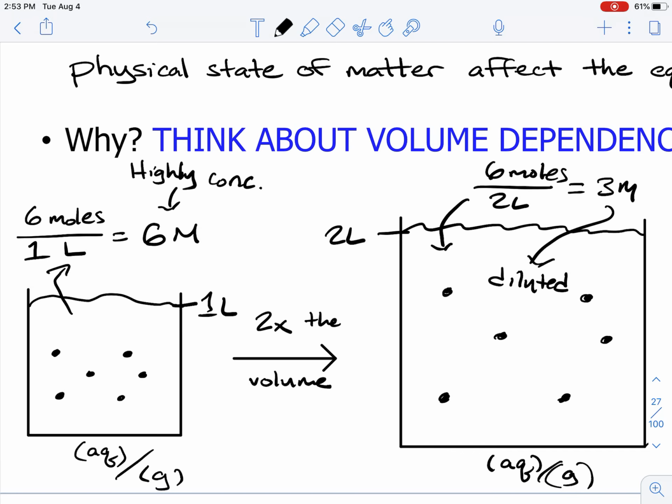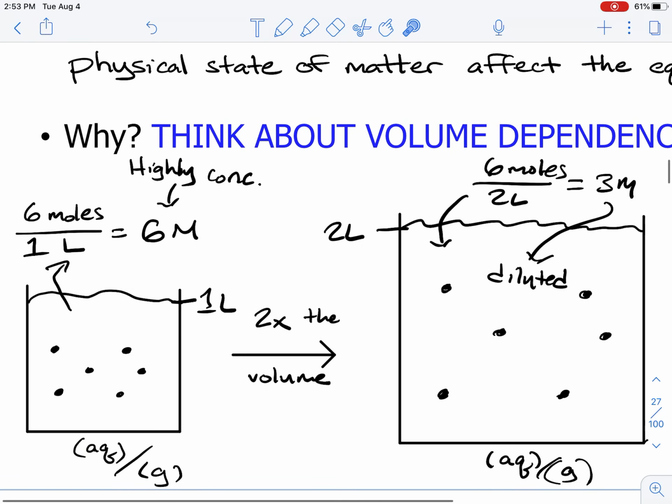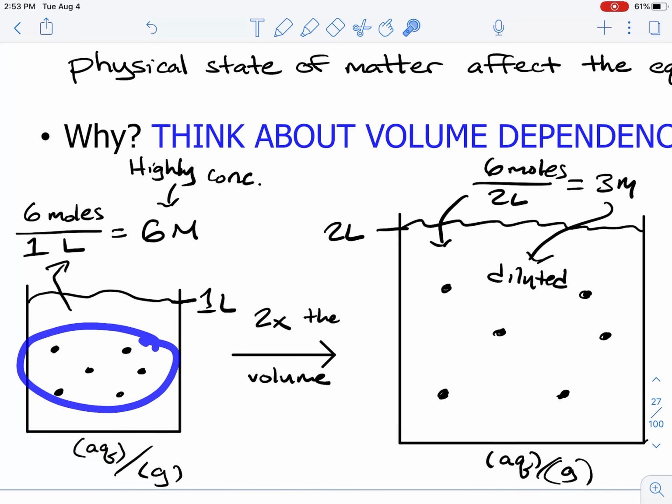Okay. And so if you were to keep the same number of particles, but you were to increase or decrease the volume, then the concentration or the partial pressure, and we'll talk about partial pressure in another lecture video, the partial pressure is referring to the amount of gas, if you will, also changes.